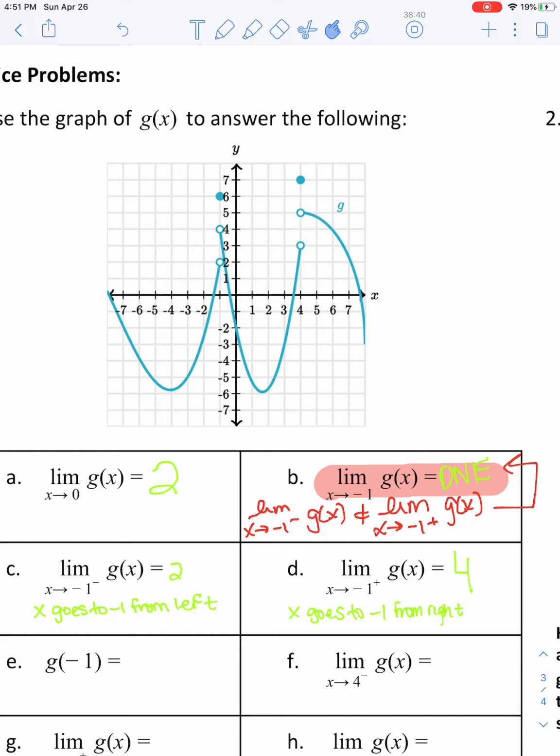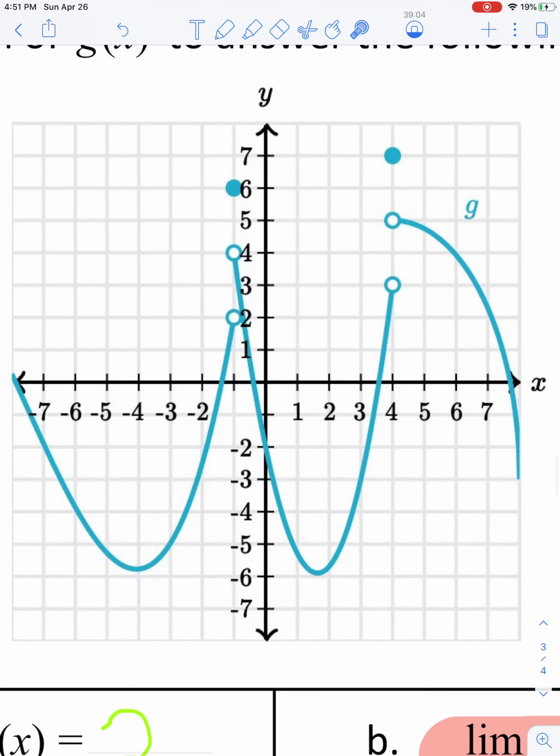Part E says, what is the value of g of -1? What that means is we have to decide when x equals -1, what is g of x? So we're going to look closely at our graph here.